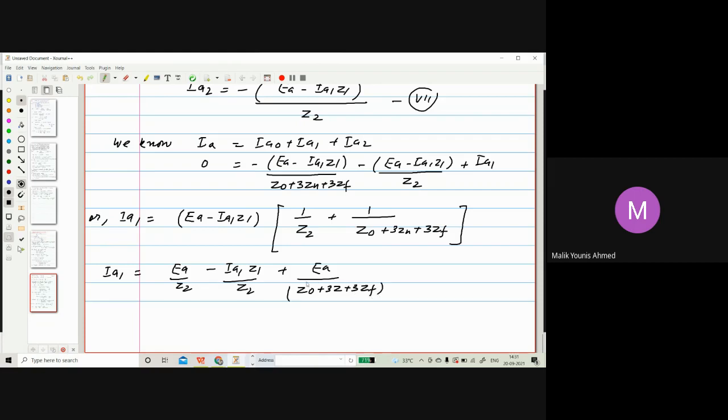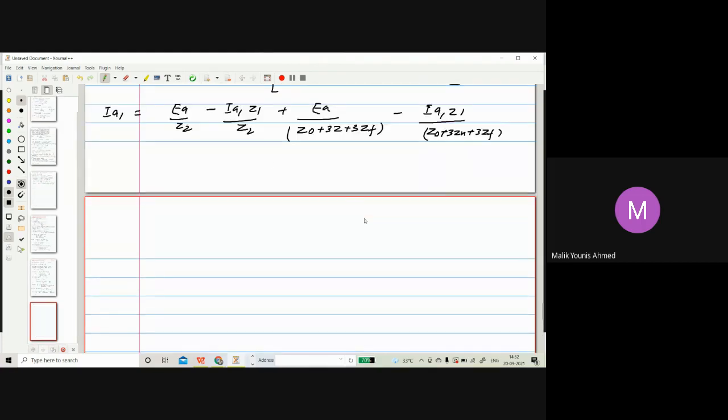So I'm writing this term complete. Again, I will multiply by IA1 Z1 divided by Z0 plus 3Zn plus 3Zf. So this is what we are getting till now.